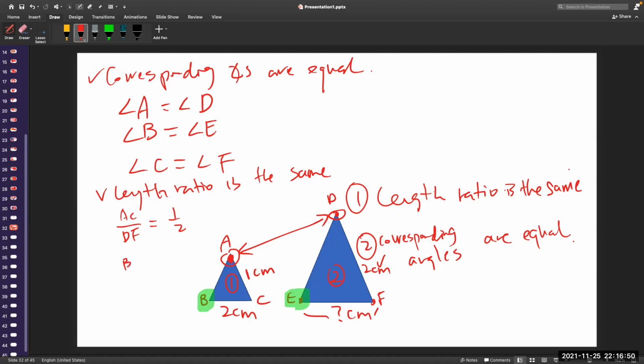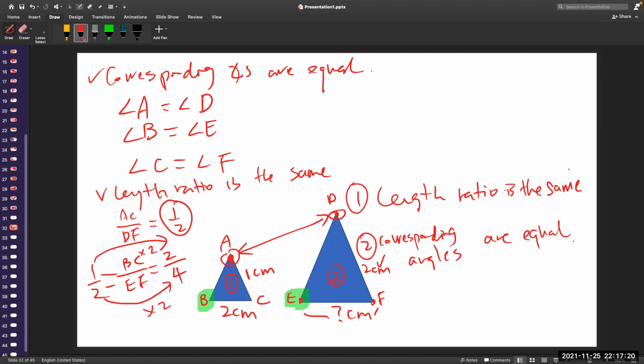So BC over EF: since BC is 2, the length ratio is the same, so it has to be half. So EF has to be 4 because the ratio is half. 1 to 2 is times 2, so your 2 must also times 2 to get 4. So I make use of the length ratio is the same.